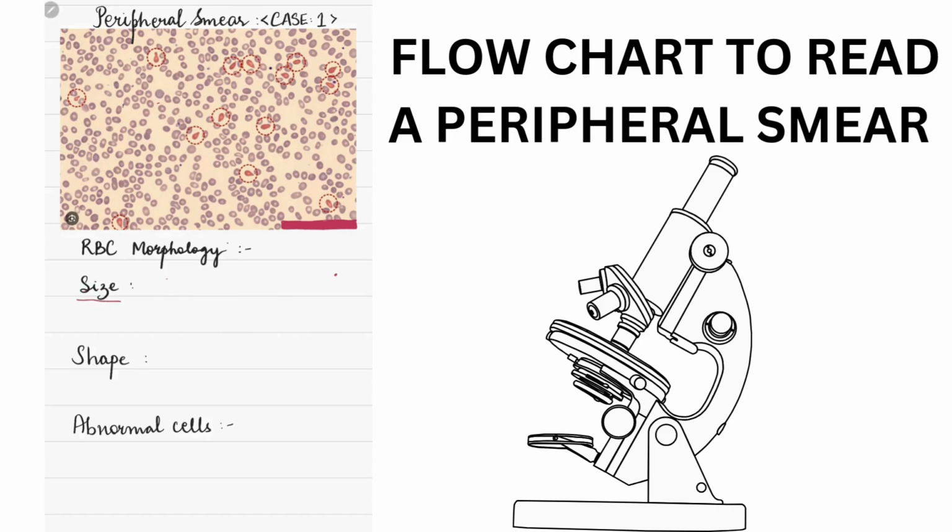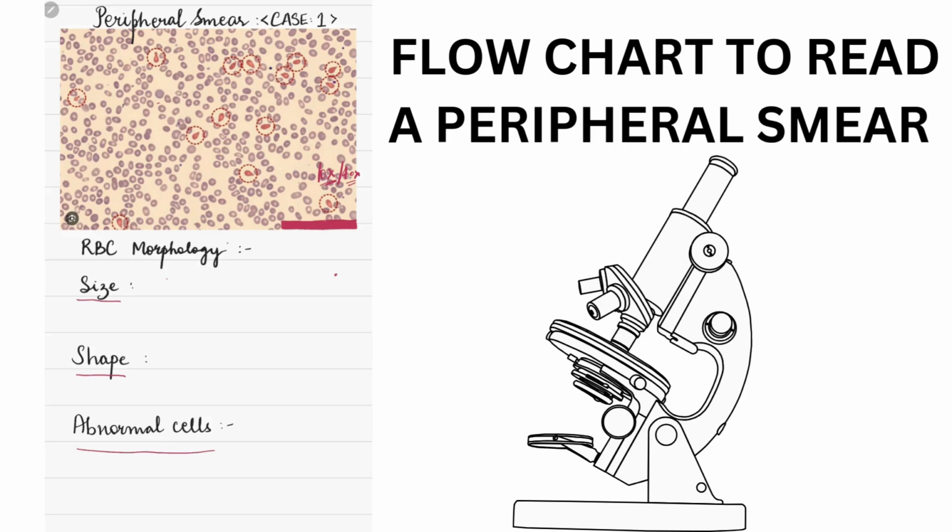First is size, then shape, and then abnormal cells. Just about this slide, when you put it under 40x, this will be visible. Maybe this is 10x, not 40x. So 10 or 40, both. All right. So what do you see?